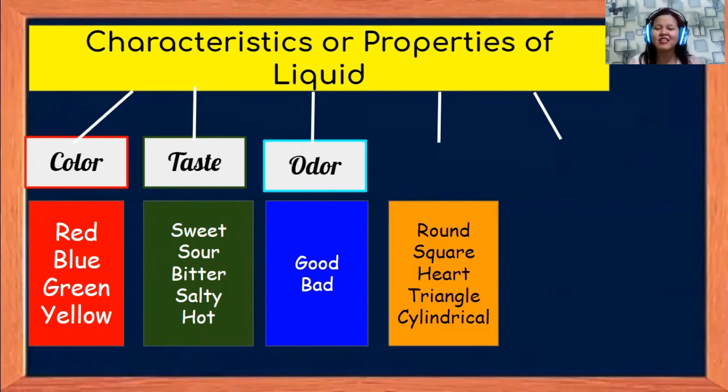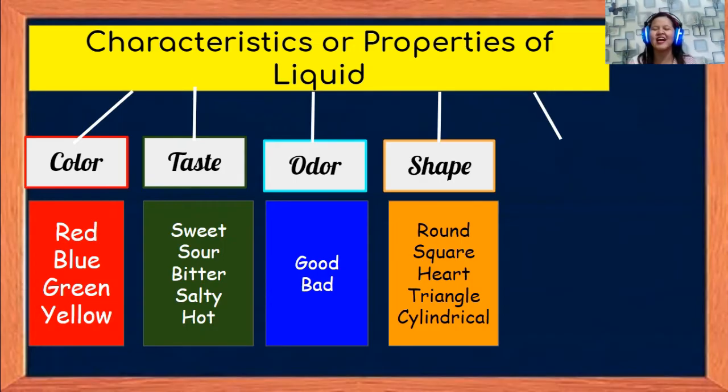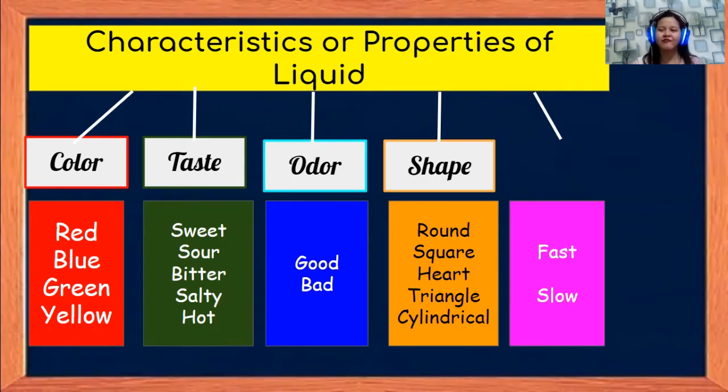Okay, next we have round, square, heart, triangle, cylindrical, and others. Oh, I almost said the answer. What do we call that characteristic? They are called shape. Okay, how about fast and slow?